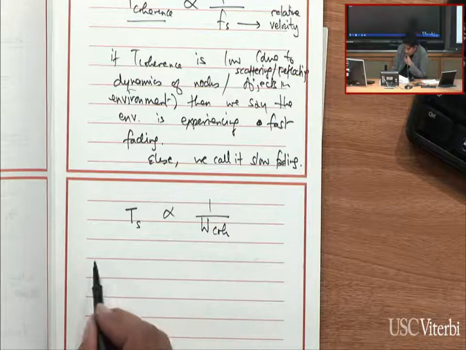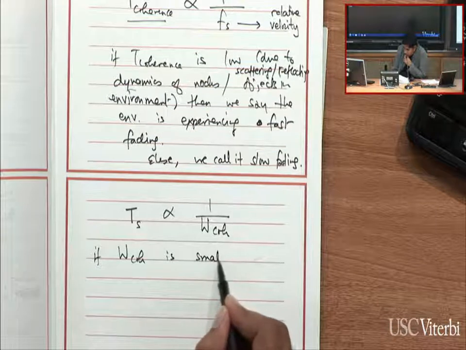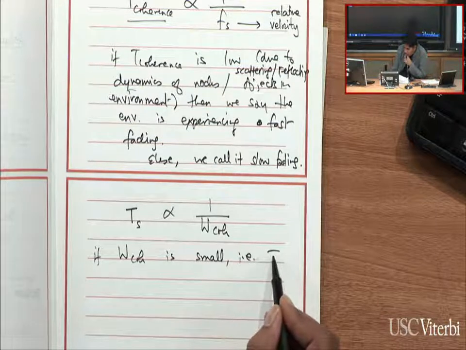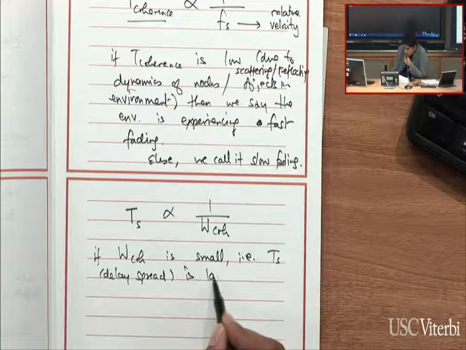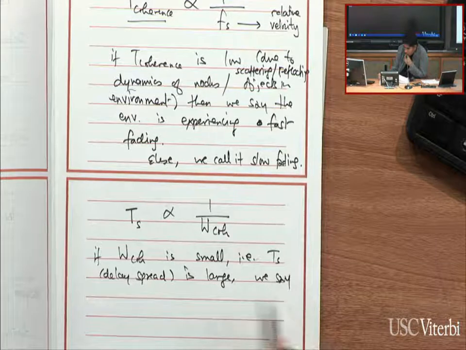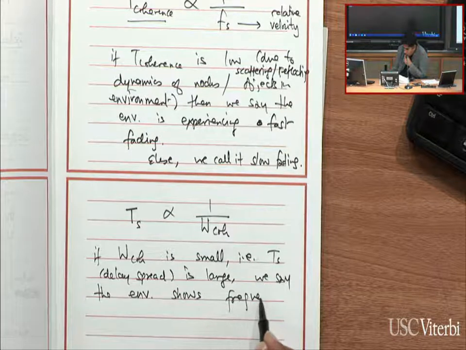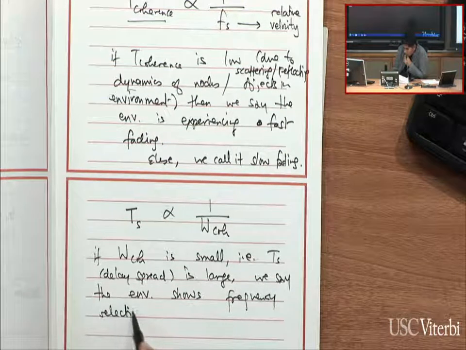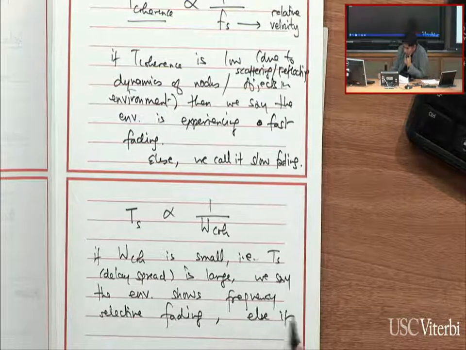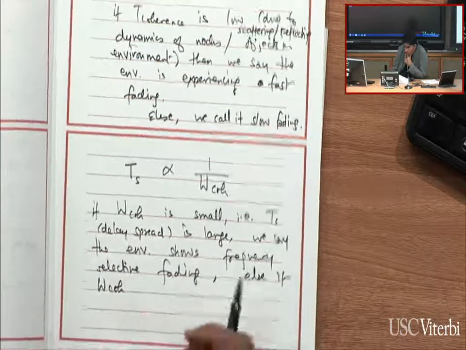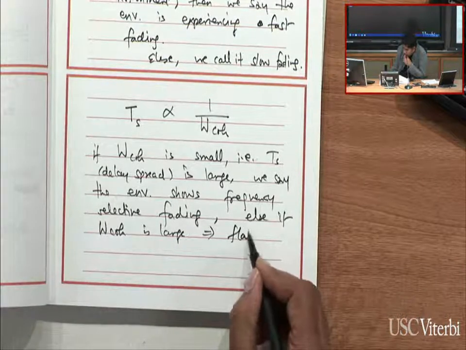And if the coherence bandwidth is small, i.e. TS, the delay spread, is large, we say the environment shows frequency selective fading. Else, if the coherence bandwidth is large, then we say we have something called flat fading.